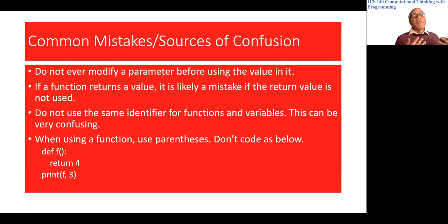So for example, if you have a function named f, don't also have a variable named f. It is going to be very confusing to you. Also, whenever you use a function, put parentheses. For example, this is probably not what you want to do. Define a function called f, which returns something. It doesn't really matter what that is. But if you want to print whatever it is returning, don't just put f here, put parentheses after f.